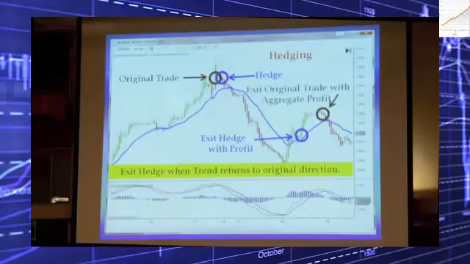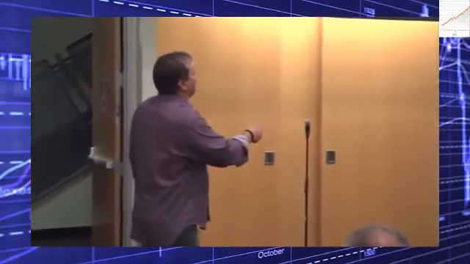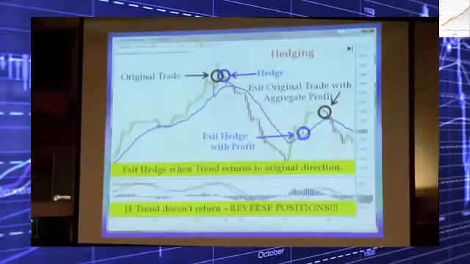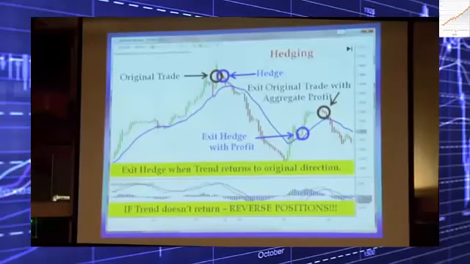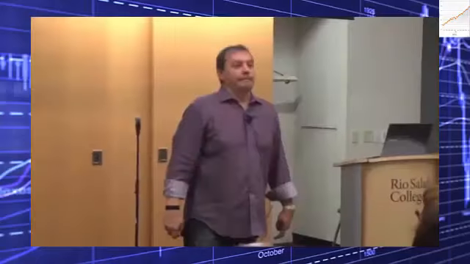And as the market is turning, now that I'm in profit, I take my aggregate profit and I'm out. Now, if the trend doesn't return, if this never happens, guess what? When the trend reverses, I'm adding onto the short position. In other words, I'm reversing positions.